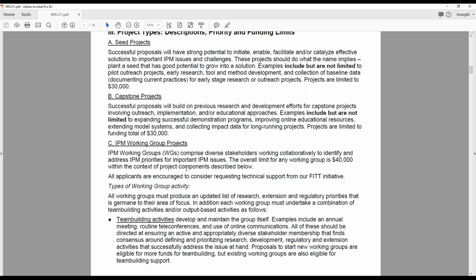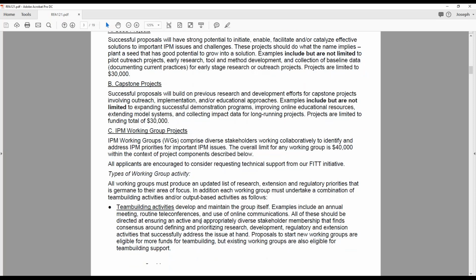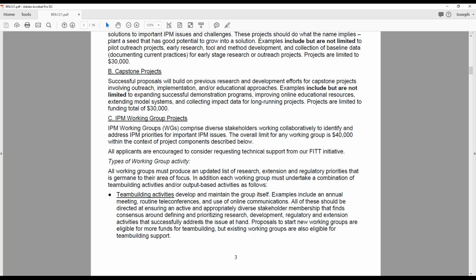We do fund working groups for those people to travel to a location, hold their meeting, and come up with the priorities, discuss what the project needs to go, and take that further. These projects, the things for team building, bringing the group together, the funds for that are limited to $10,000.